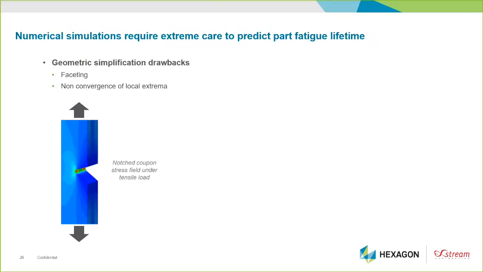The finer you get, the higher the stresses over the weak spot. So you don't have a converged value of stress with fineness, which is an issue because identifying a lifetime based on this stress field is challenging. So that's something we need to live with, and we have to find a way to overcome this aspect.